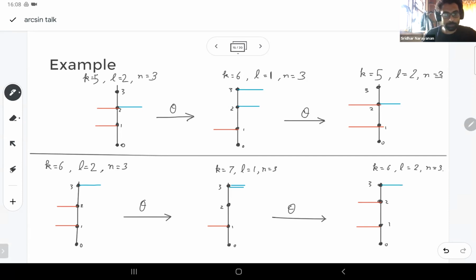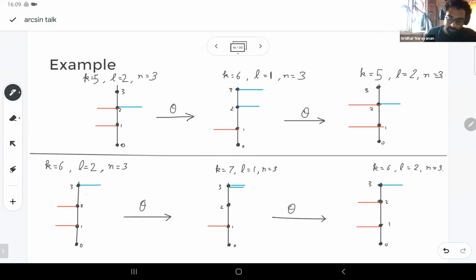Now let's look at a case where we are unable to push down a blue. So look at this figure here. The largest piece is a blue, and according to our rules, if you find a blue largest piece and there is no other red piece that you can push up, you are forced to push it down. So you try to push the blue down and change it to a red, but it clashes with the red that already lies at this level, right?